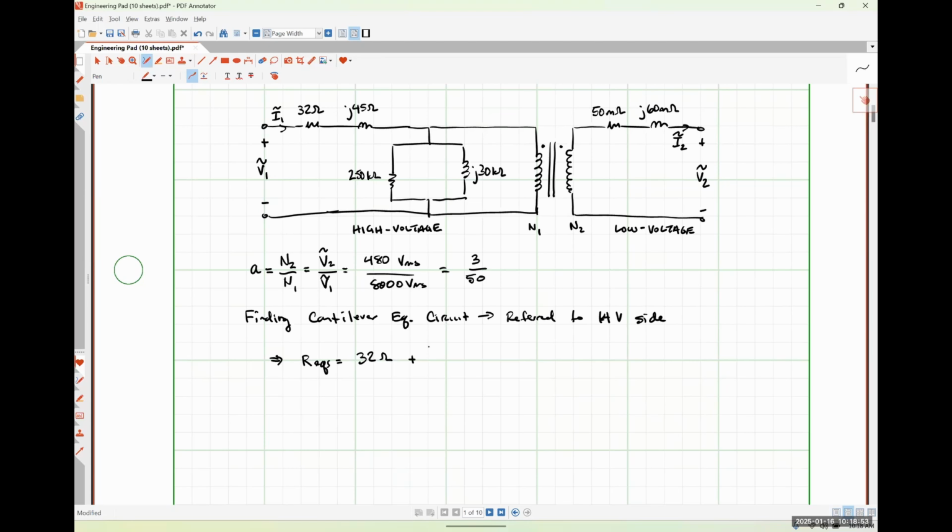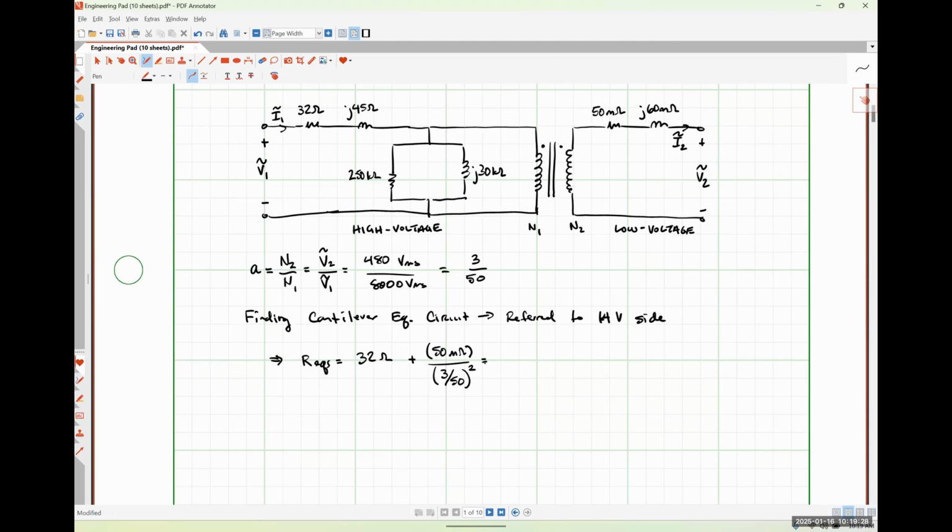So we're going to have 50 milliohms over A squared, which is 3 over 50 squared. Let's throw this in our calculators real quick and see what shakes out of this. We only need to refer the secondary impedances over to the primary side, because the primary impedances are already on the primary side, or the high voltage side in this particular case.